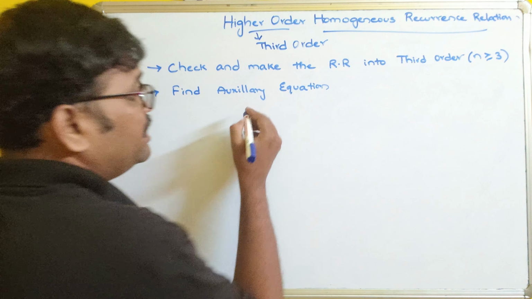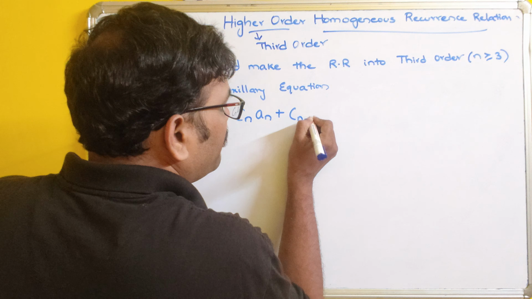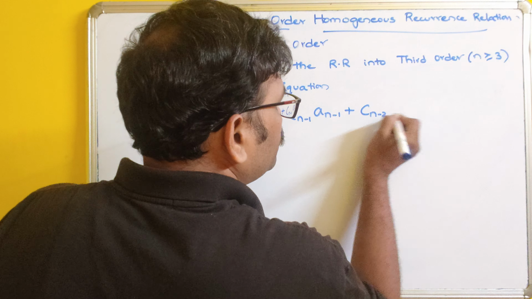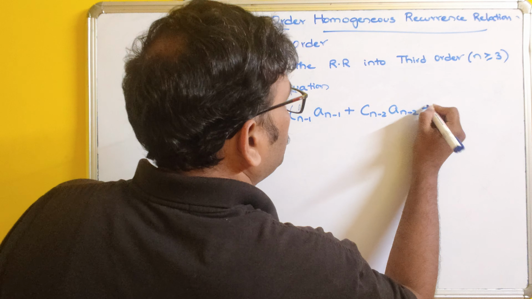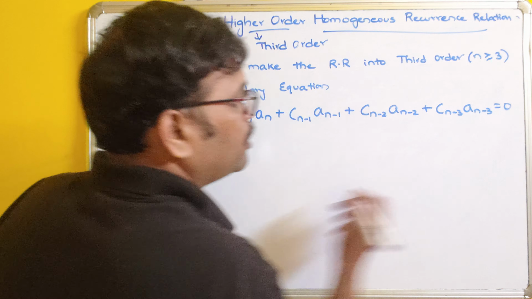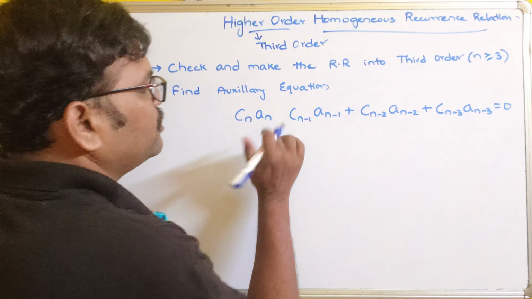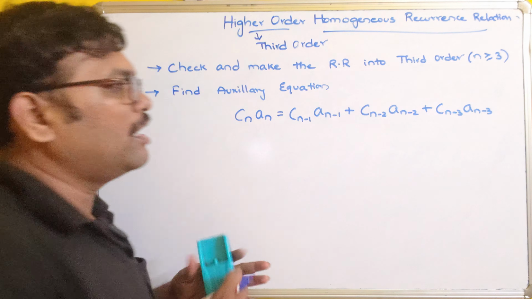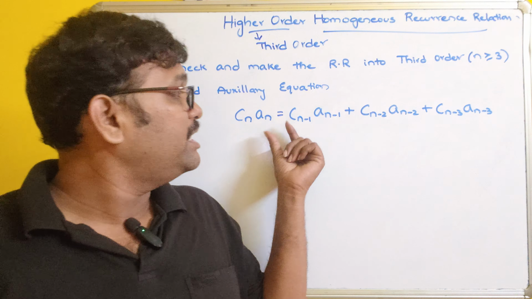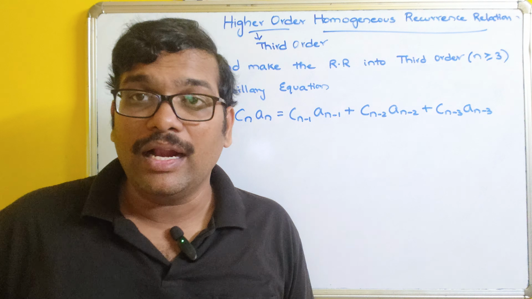Let the relation be in the form c_n a_n + c_{n-1} a_{n-1} + c_{n-2} a_{n-2} + c_{n-3} a_{n-3} = 0, because the current term will depend upon the previous three terms, where c_n, c_{n-1}, c_{n-2}, c_{n-3} are all constants.